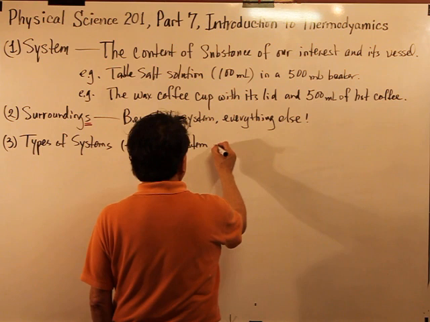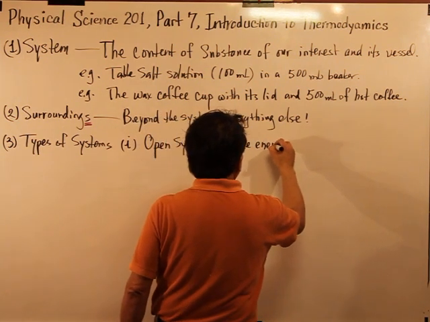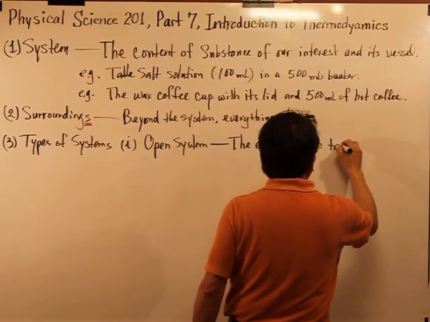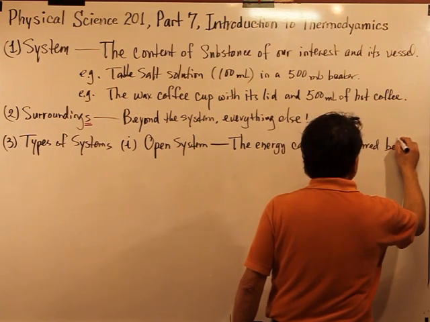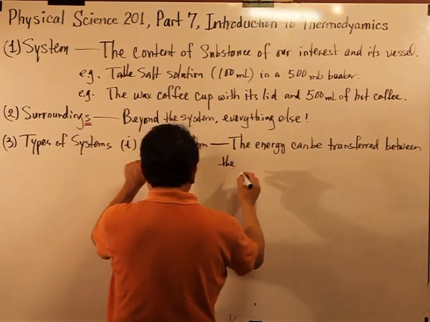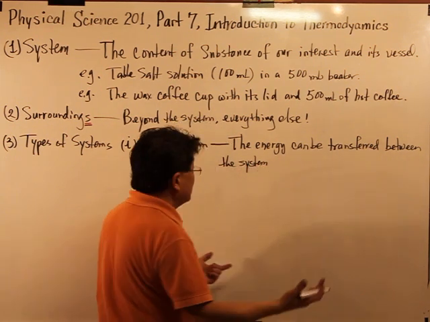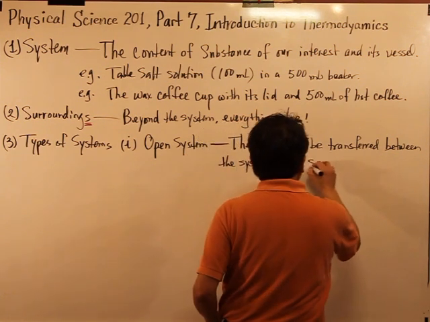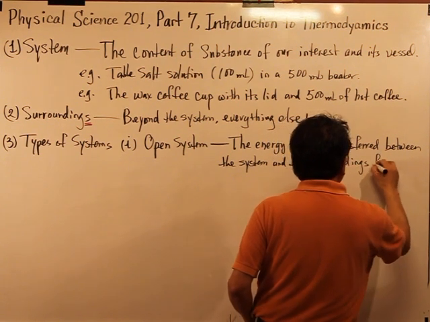Open system is a system where the energy can be transferred between the system, which is this one, the vessel of the item you're interested in, and the surroundings freely.